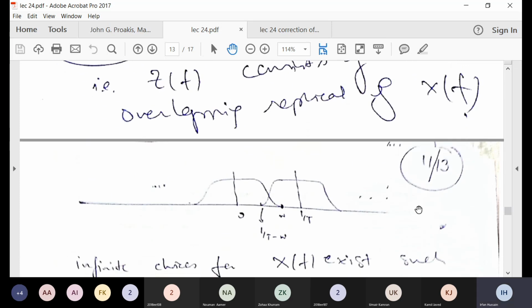You can see here that if one replica is standing here, let's say of bandwidth W, the other replica will be at 1 over T, which will be less than 2W.